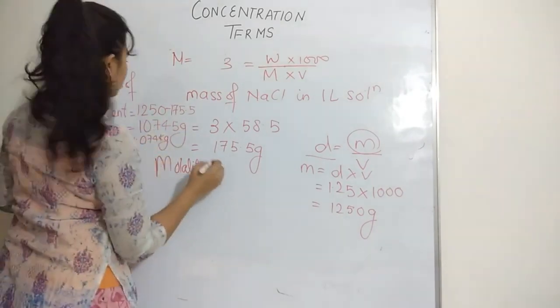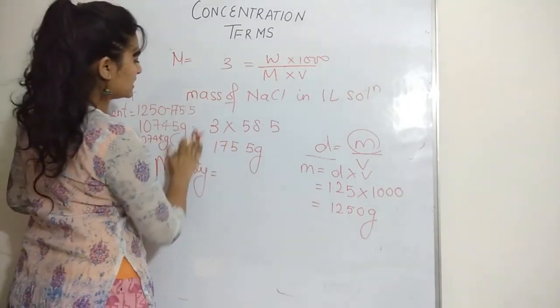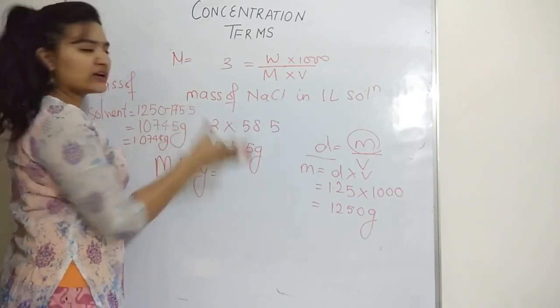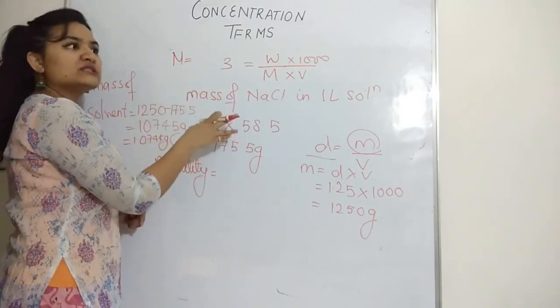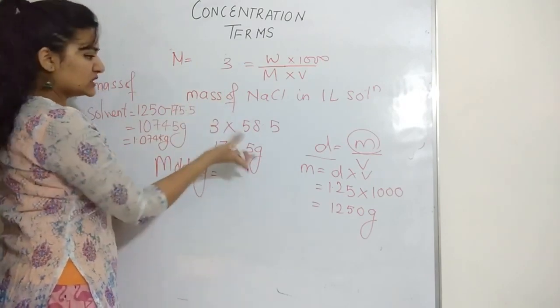So now molarity becomes, if you don't want to find out the moles, you can put exactly the mass of this solute upon the molar mass of this substance.